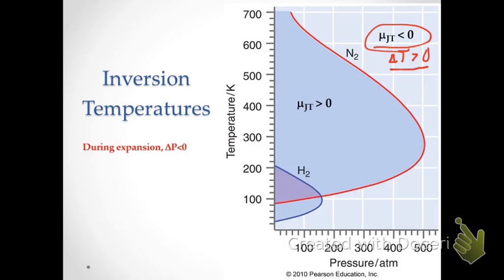Some of you may have noted, as we talked about during a recent experiment where we were releasing carbon dioxide gas into a cylinder, that the regulator on the CO2 tank got cold.